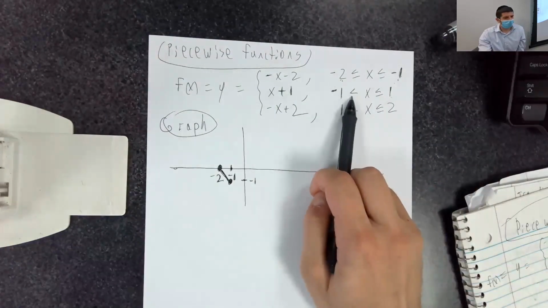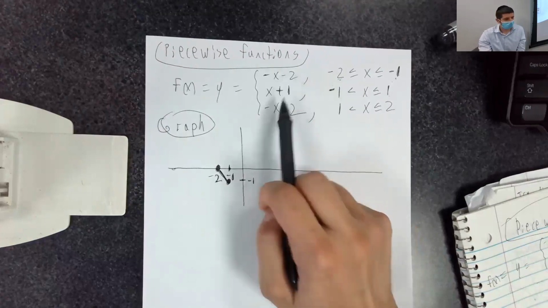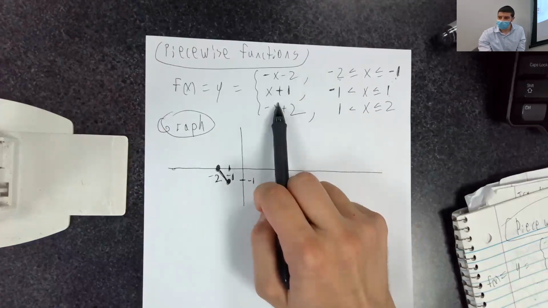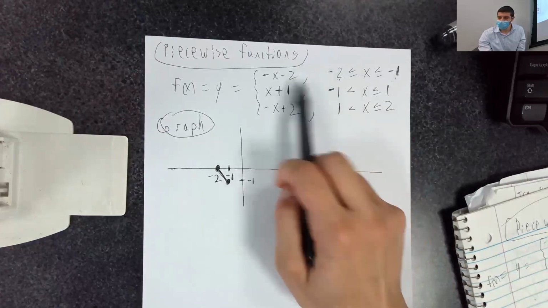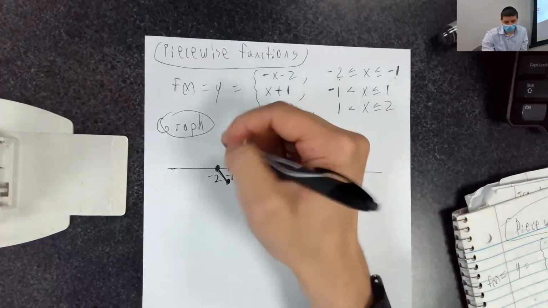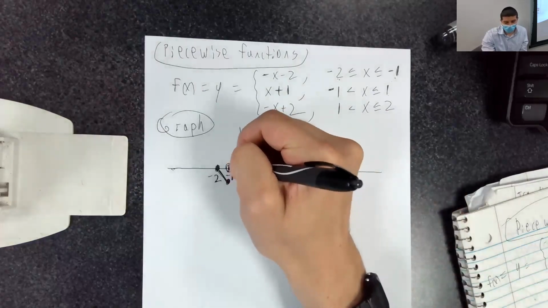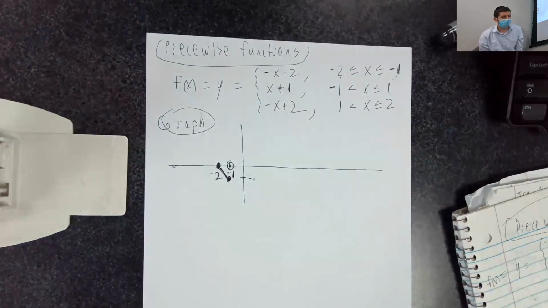That means it's a fake point. It's a fake out to help you draw. It's not actually there, right? See, -1 for this function should go into the first one, not the second one, right? Because -1 is here, which is the first function. So here I have to put an open circle like that.